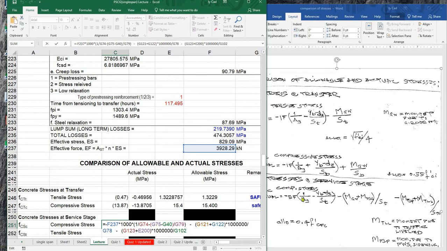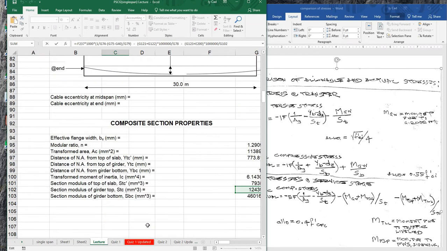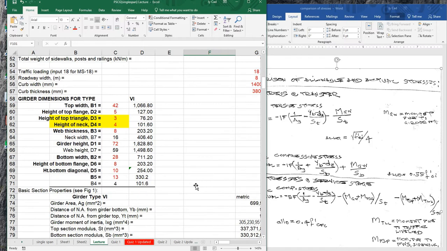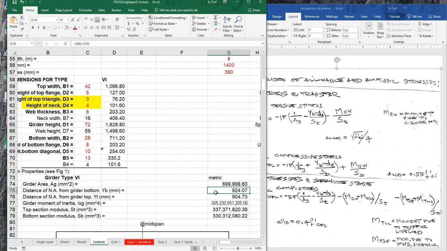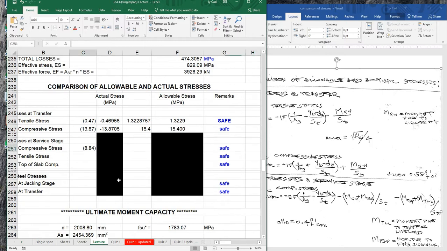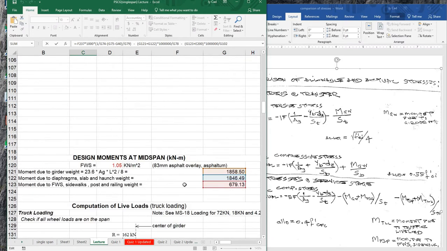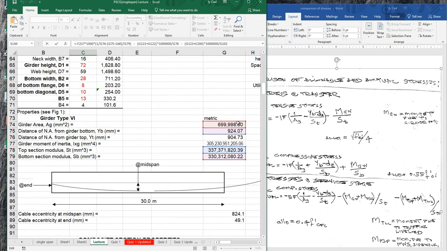Next, 1 all over area gross, that is G74. Here it is. One all over area gross. There, it is correct. That is G74. Okay, G74.